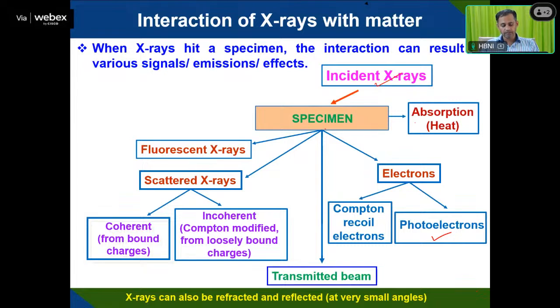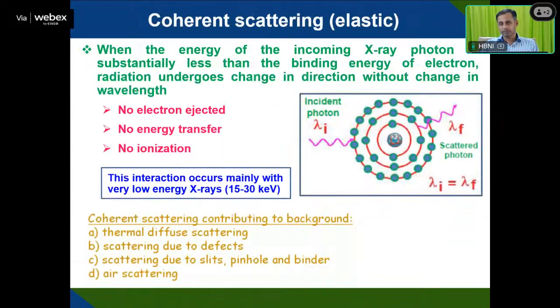In addition to that, a very little amount of refraction or reflected X-ray can be produced if your angle of incidence is very, very low. If it's a very low angle, like 5 to 10 degrees or below, you'll see some sort of refraction or reflection. But otherwise, it's mainly scattering, or a nuclear or electronic interaction that you'll see.